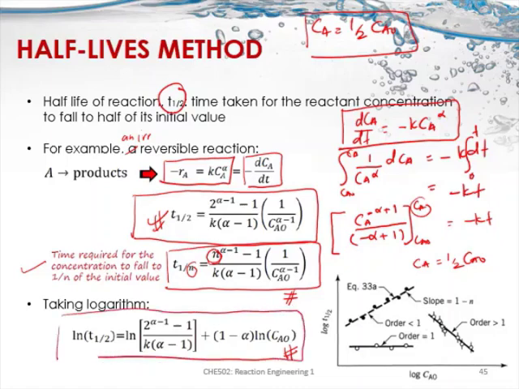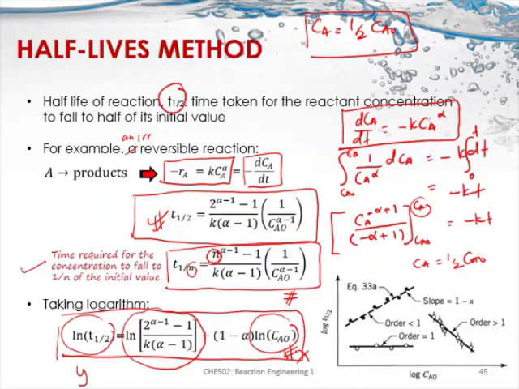Next, as usual, plot a graph. The graph will be ln t half as your y, and ln Ca naught as your x. So 1 minus alpha will be the slope, and this term will be the intercept.